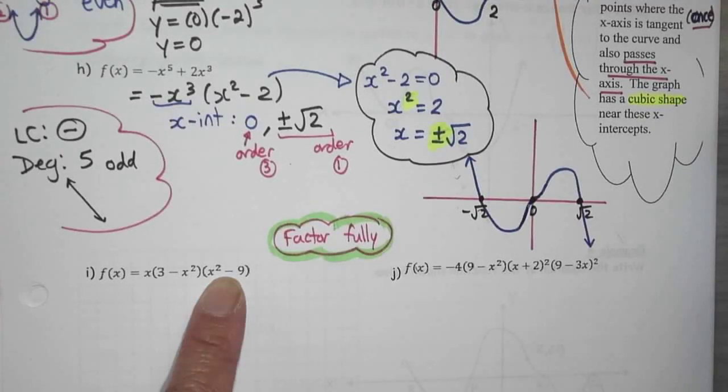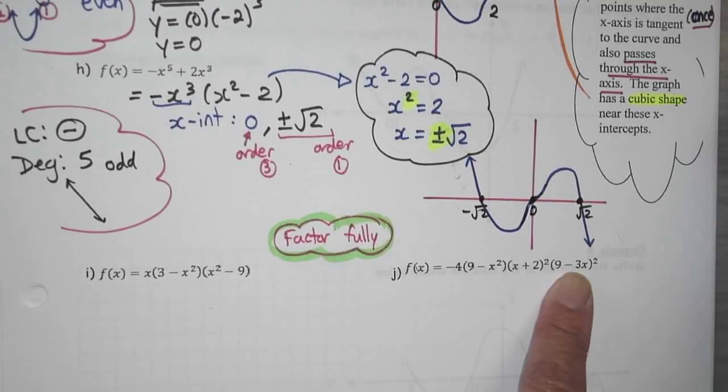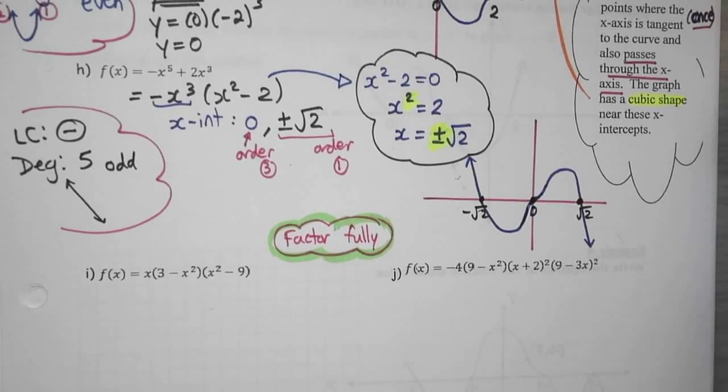This is not fully factored. So when you saw that, you should have been like, oh, wait, that is a difference of squares. I should go more. Here, you should have been like, but there's a 3 in there. This is also not fully factored. So it looks factored, but you always look to see what you're given to see if you can fully factor. We want it to be fully factored and gather up your factors.